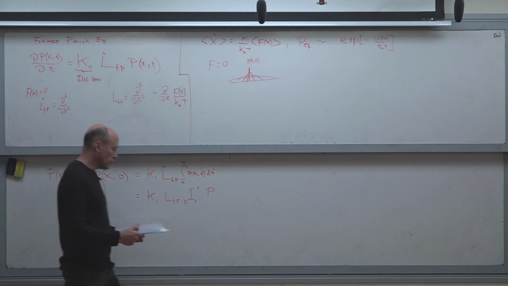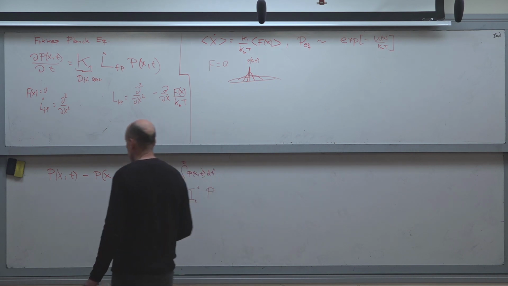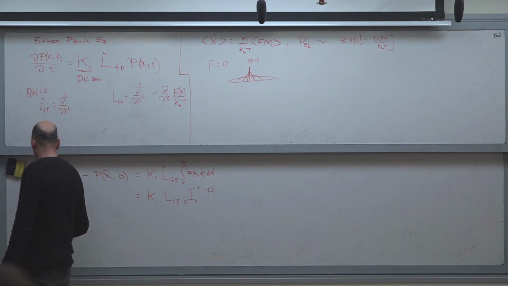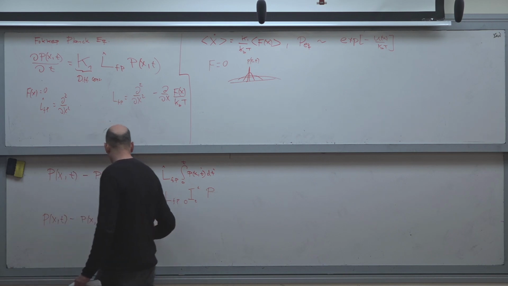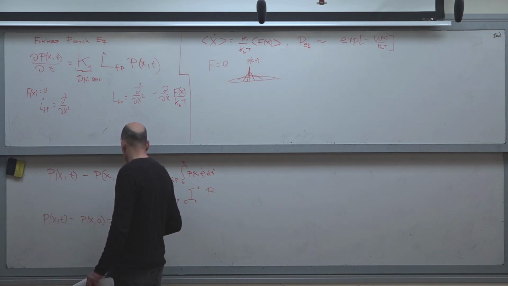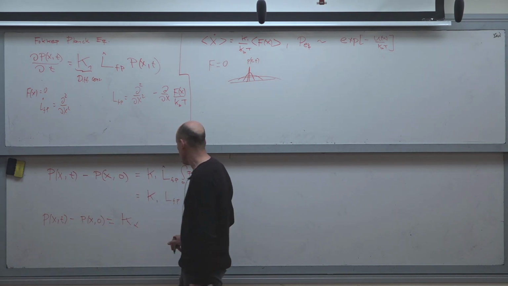So I'll just give you the result. Well, it's not really giving you the result. What is the fractional Fokker-Planck equation? It's the same thing, but here I have some other type of diffusion constant, which depends on this alpha.